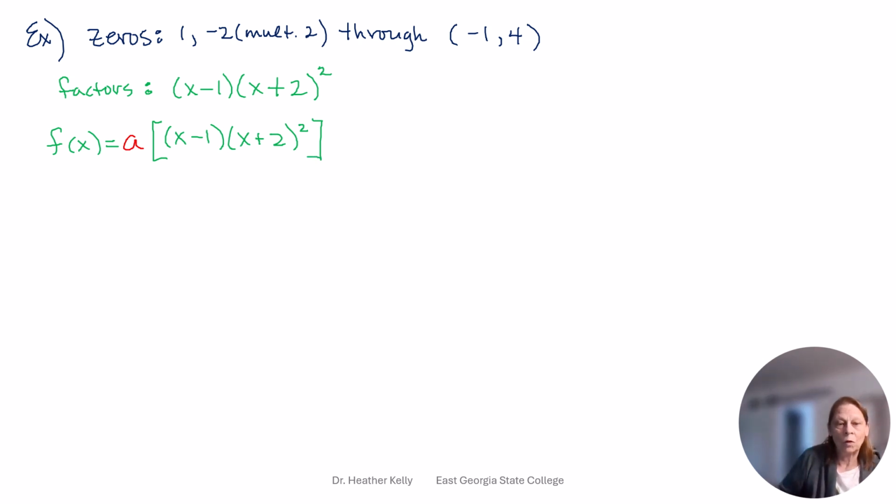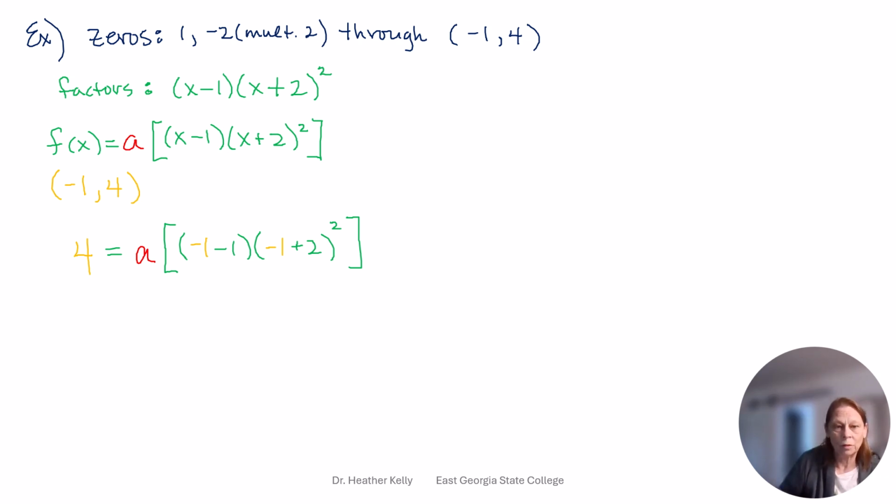Okay, now we're going to plug in our point, the point being negative 1 and 4. So we're going to say 4 is equal to a times, let's just crank it all out here, (negative 1 minus 1) and (negative 1 plus 2) squared.